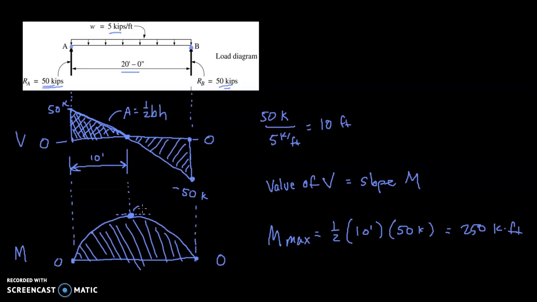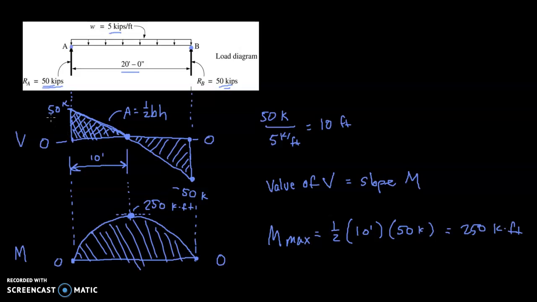So the maximum moment value is 250 kip feet. Okay, so the main points again that we want to be concerned with are the beginning and end values, anywhere where we cross over the axis, anywhere where we have a point load applied, and anywhere where we experience a maximum moment.